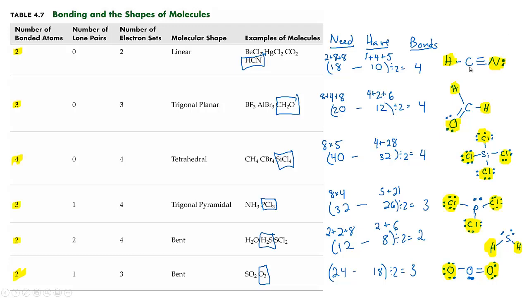So meaning, if my central atom in this molecule is carbon, I have 1 hydrogen and 1 nitrogen bound to the central atom, which means it fits into this table as 2 bonded atoms, no lone pairs, therefore it is linear. This next one, carbon is in the middle, which means there's 3 atoms around it. So it is 3 bonded atoms, which gives it the description of trigonal planar.